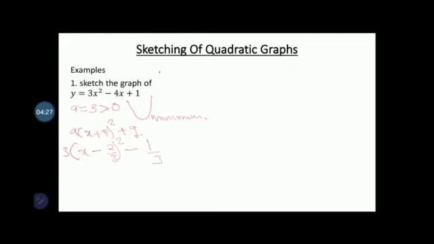This means that our turning point is 2 over 3, because it's negative p. P is already negative, it becomes positive, comma q, and our q is negative 1 over 3. So this is our turning point. So now let's find our y-intercept.